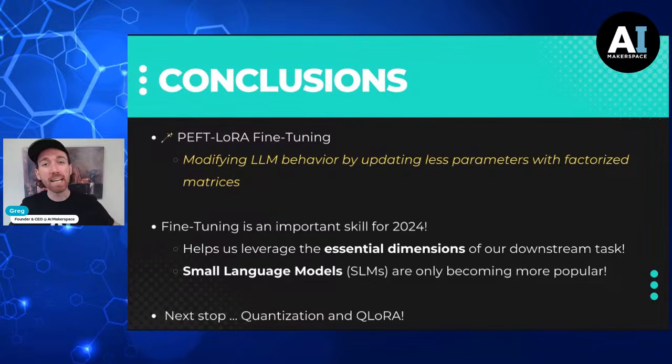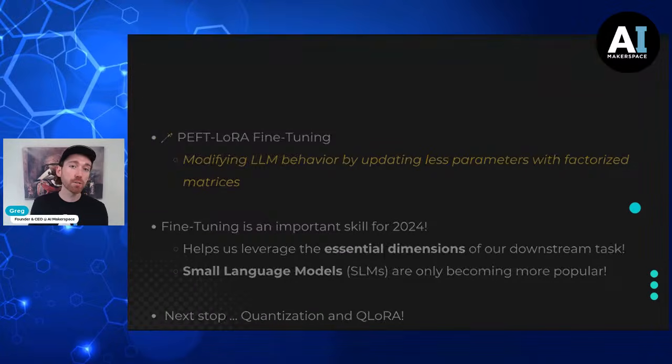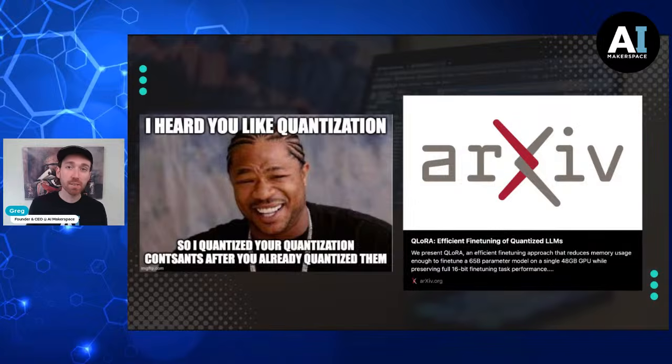And as the age of small language models comes upon us, it's going to be one of those things that we're asked to do more and more. As we've mentioned a couple times, next week we are going to cover quantization and QLoRA. We'll talk about things like bitsandbytes, and we'll talk about quantization in general and the trends towards smaller and smaller models. We'll continue our discussion of that. It is not going anywhere in 2024.